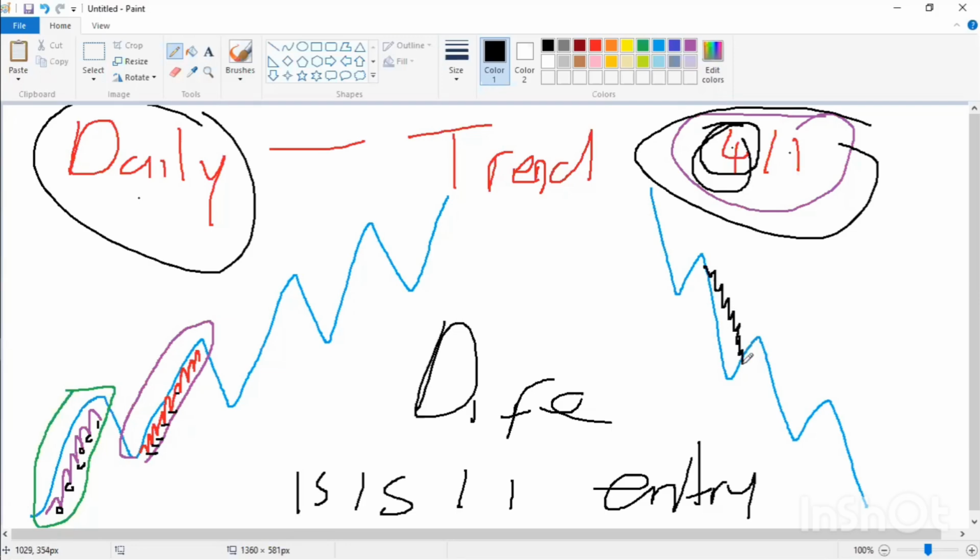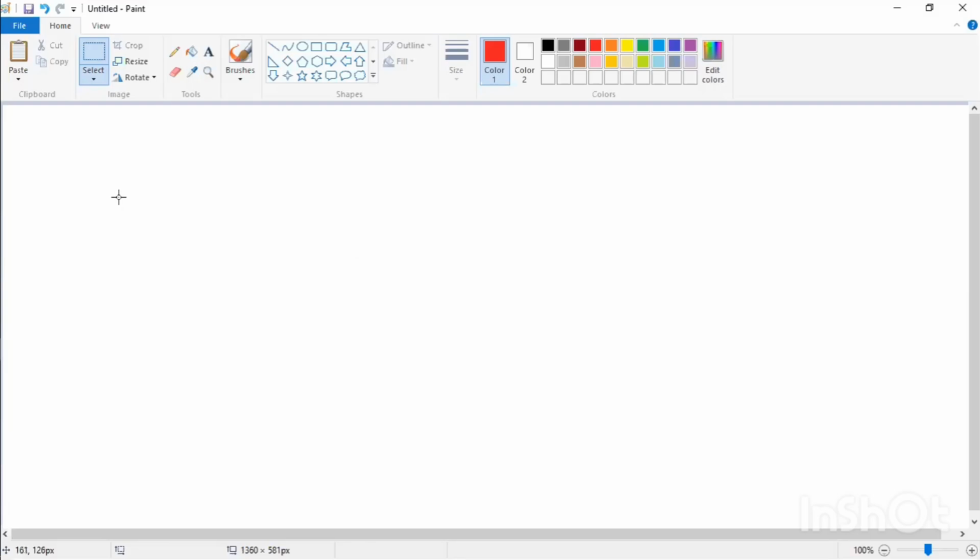The 4 hour will be like this, so you're going to be selling here, selling here. That's where you sell. So I think that answers the question for the time frames: daily for the trend, and 4 hour and 1 hour for the higher lows or the lower highs, where you buy or sell. I hope that question was answered.